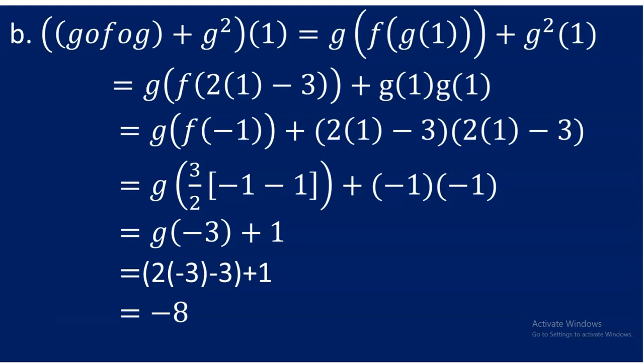In the case of combinations, we are going to use those 4 mathematical operators: addition, subtraction, multiplication, and division. But in the case of composition, we don't need to use these 4 mathematical operators. What we need to focus on here is that the range of one function has to be a subset of the domain of what? The next one. Because in the case of composition of functions, what has been produced by one function is received by the next one. It is such a kind of process. Okay, this is what you need to know.